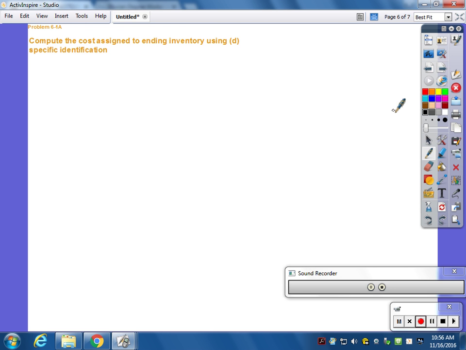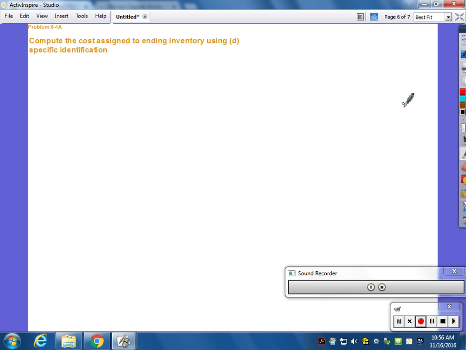Next one is specific identification, which, instead of going the way that we went with the other ones, you can do a lot more simply, which is basically take the information that they've given you as far as ending inventory in that problem. They told you there were 80 units at what price? We're on specific identification now.